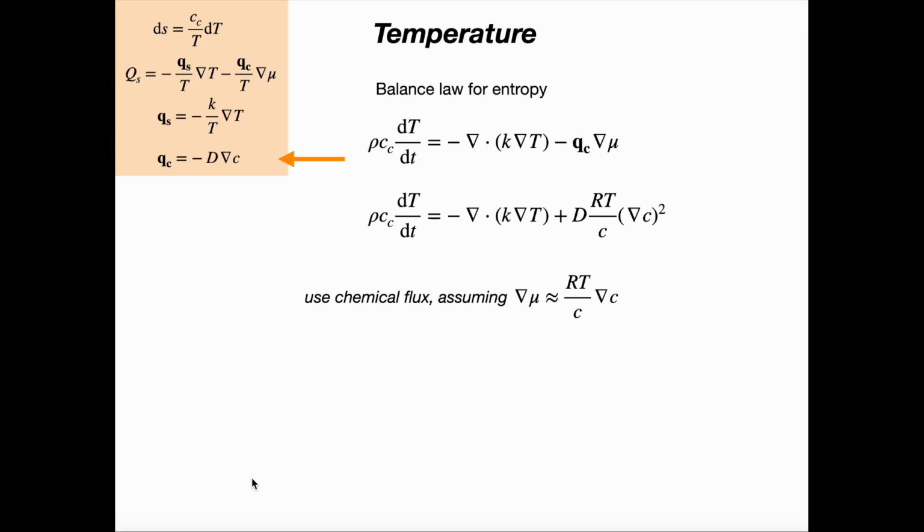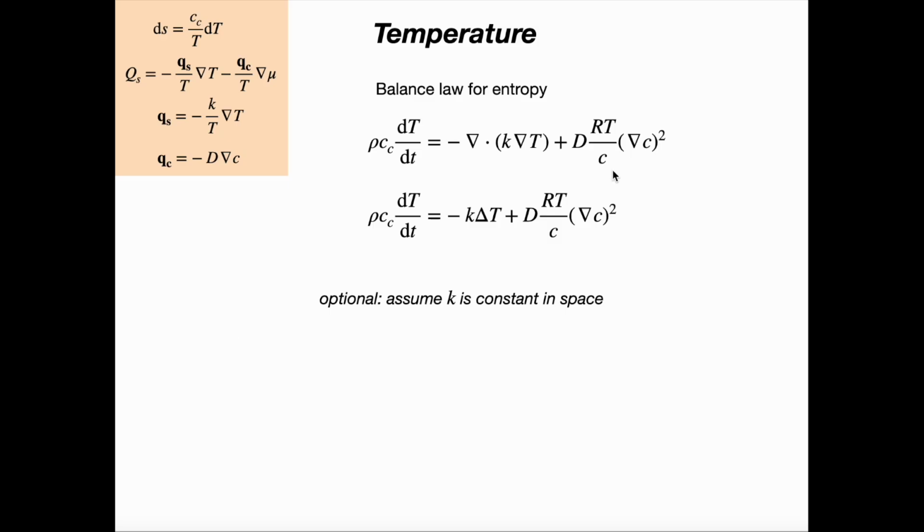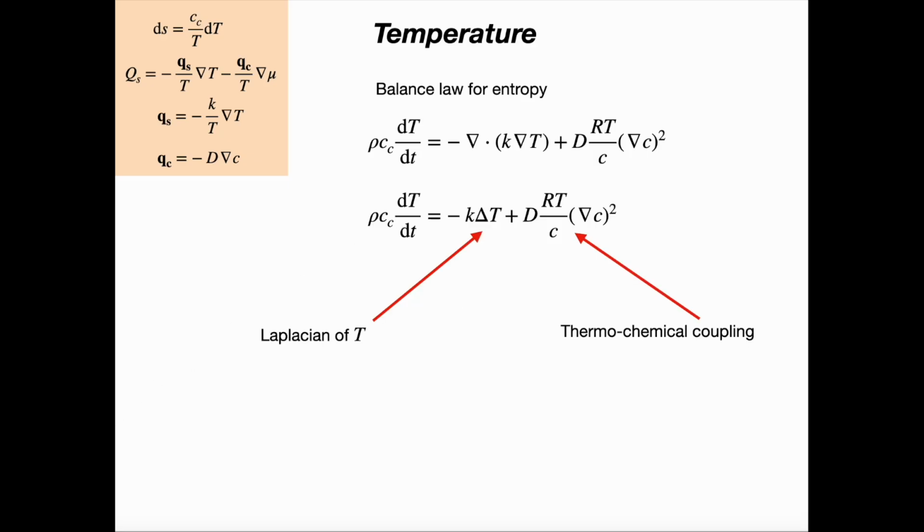So now there is a last remaining step. It's completely optional, but again, one may assume that K is constant in space, and in that case, one will obtain this equation with the Laplacian of the temperature. So that's an equation for the evolution of the temperature in the system.